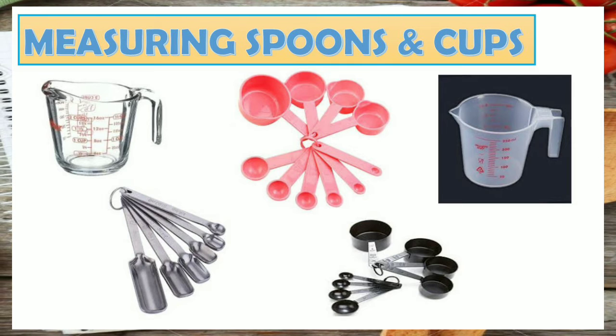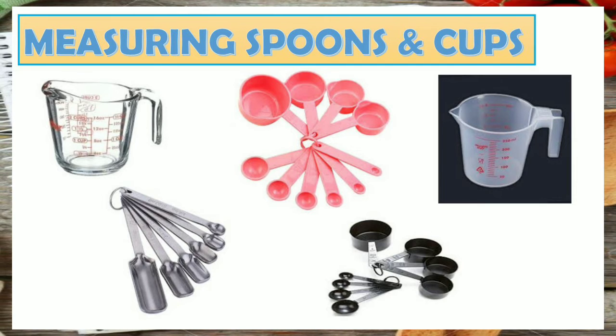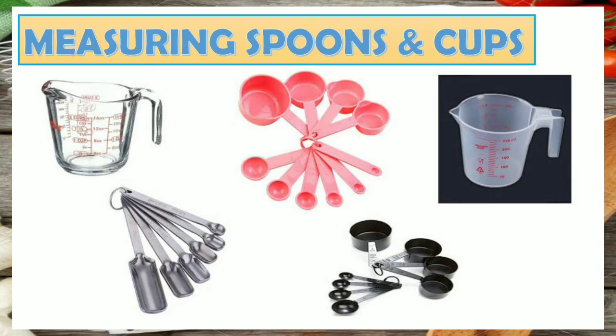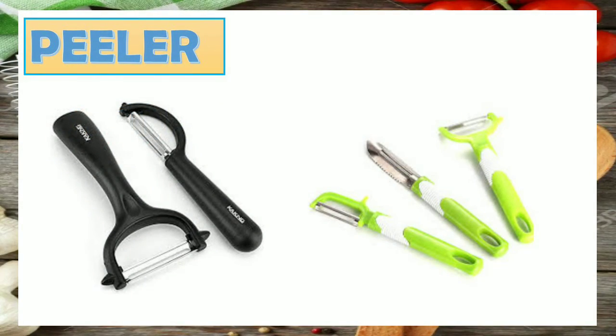So you can measure your ingredients now in a cup if you don't have this bigger cup. We have the small ones here if you don't have this. They come in plastic and glass materials. Okay? Next, we have the peeler.